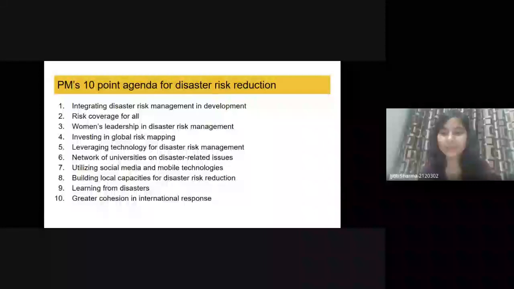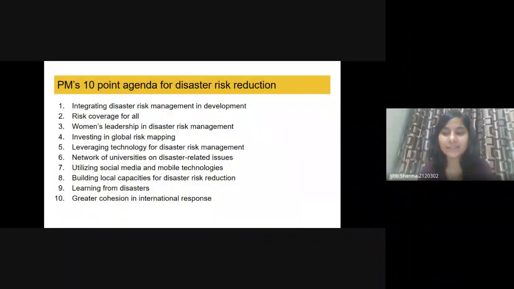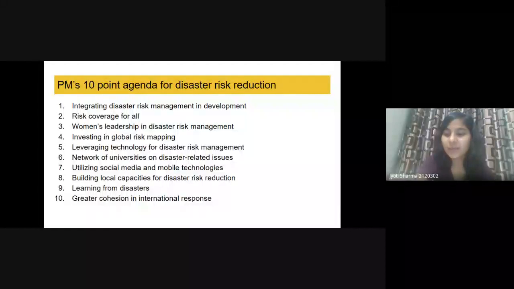Okay. But the important thing is that, whether it is a man or a woman, these two pillars should be involved very equally in disaster risk management. And if we talk about women, previously women were not that educated and were just inside their houses.